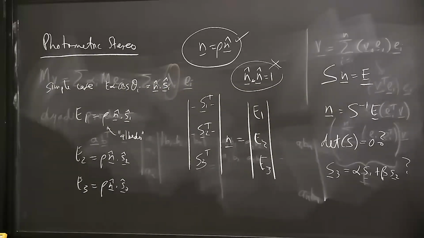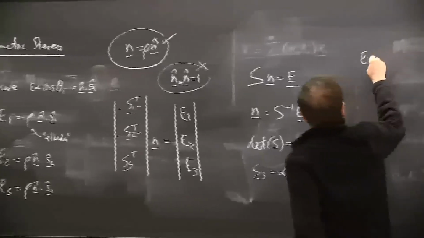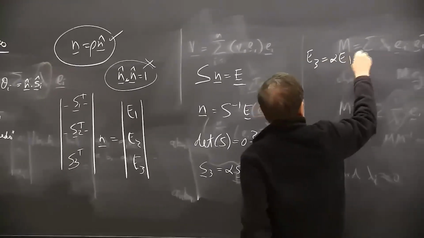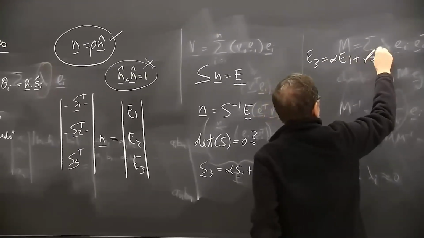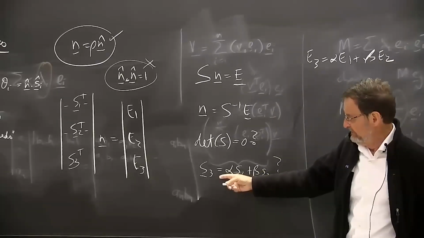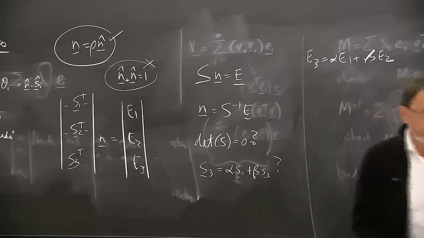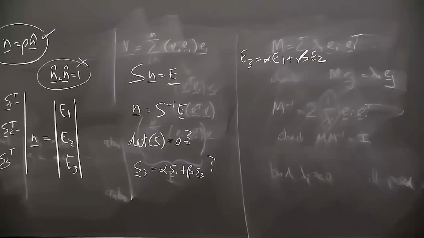So, okay, why is this bad? Well, because this means that E3 is alpha E1 plus beta E2. Right? I just need to take the dot product of this equation with n, and I get this result. And that tells me that the third measurement is redundant. It's not telling me anything new.